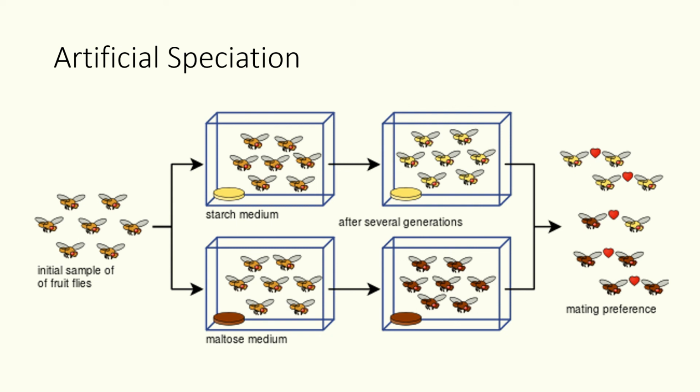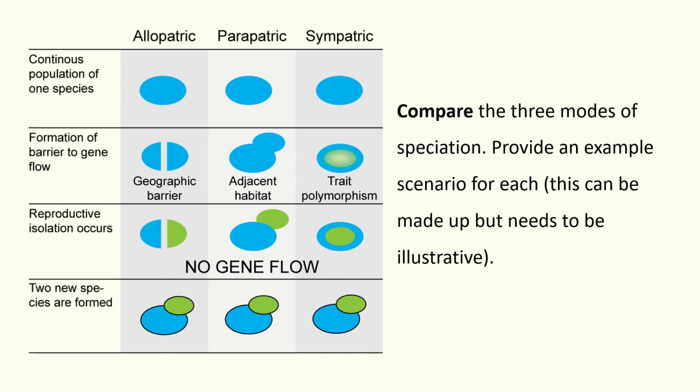After several generations, they put them back together and they found that the starch flies only really enjoyed hanging out with other starch flies, and the maltose flies really only hung out with the other maltose flies. Maybe they only really hooked up when they were near food or something. I don't know. So as a result, they started to separate from each other in terms of those particular traits. This is artificial speciation, though, not natural.